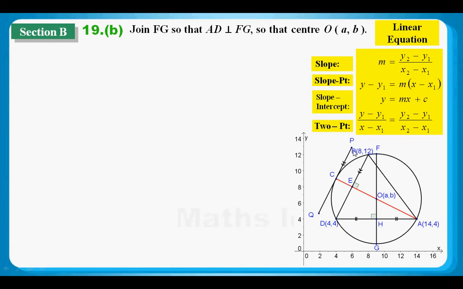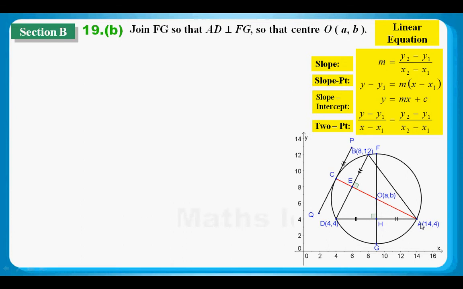How do we find a point on PQ? I'm going to find the point C on PQ and find its coordinates. How? Okay. Because C and A form the diameter, if I can know the coordinates of the center, then I can use the midpoint formula to find the coordinates of point C. How can we find the coordinates of the center?